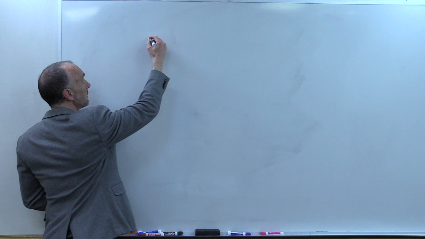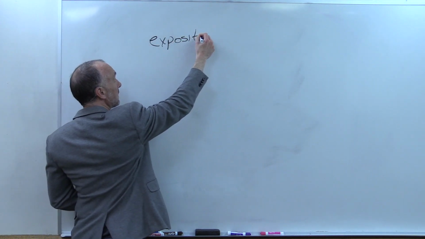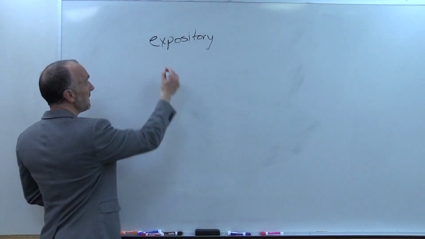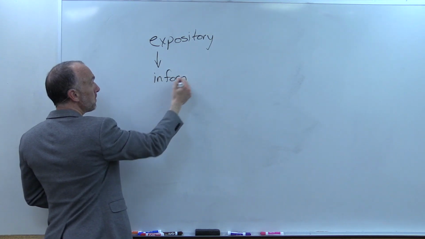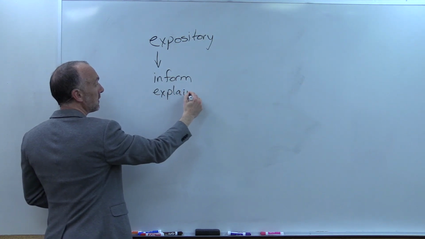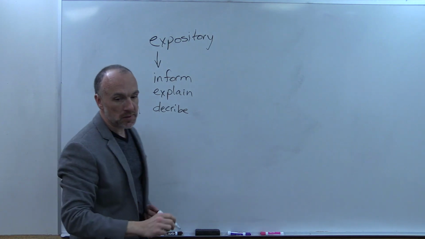Expository writing is spelled like this. Expository. And it means to inform, explain, or describe. All of those are possibilities.